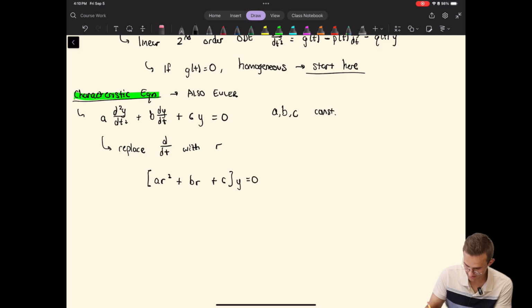Okay, and so the only way that this can be true for any y is if a r squared plus b r plus c is equal to 0. And this thing is the characteristic equation.